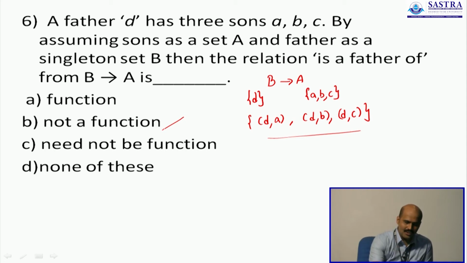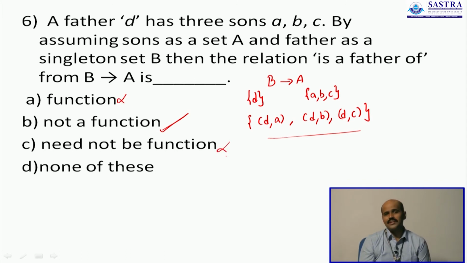So this clearly is not a function. So option A is wrong. Option C, there is no uncertainty. You can very well say that it is not a function. You don't have any uncertainty there, so the uncertainty is also not going to bother us. And option 4 just says none of these. None of these is also not right, because you clearly have option B to be correct.